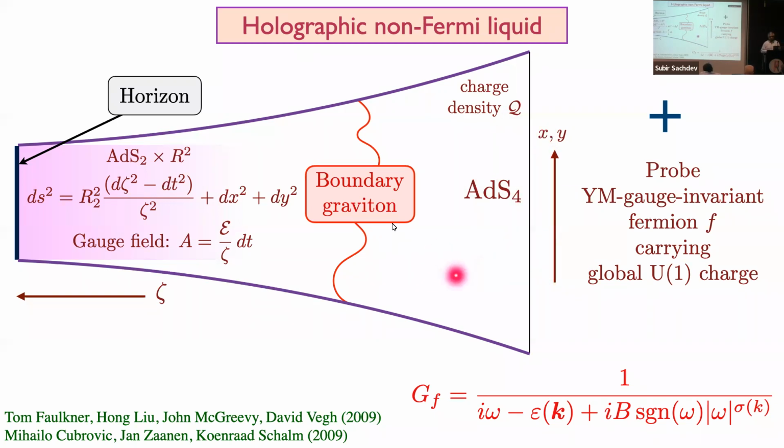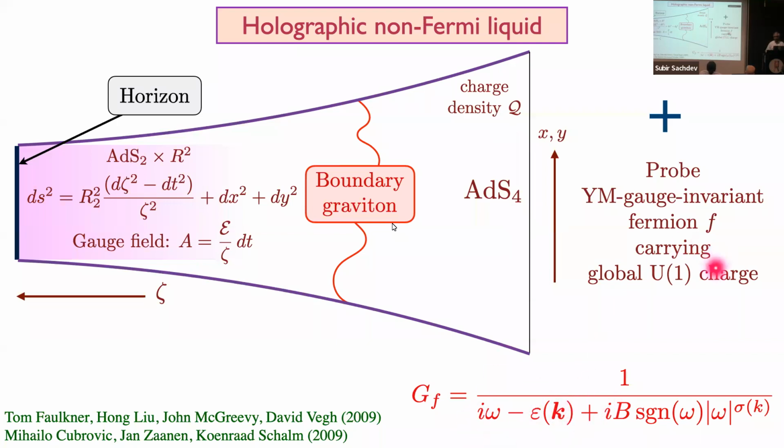What people have done instead is add extra matter. They take some gauge invariant matter, which is a meson or a baryon in the Yang-Mills theory, which carries this global U(1) charge, and look at its correlation function. So this was the important paper of Hong Liu and others. And what they found was this Green's function of this probe fermion. This E of k has nothing to do with the actual Fermi surface that's presumably present here, which no one has seen.